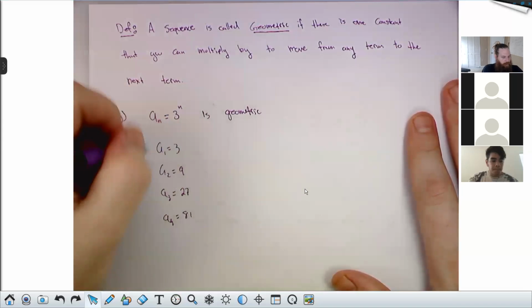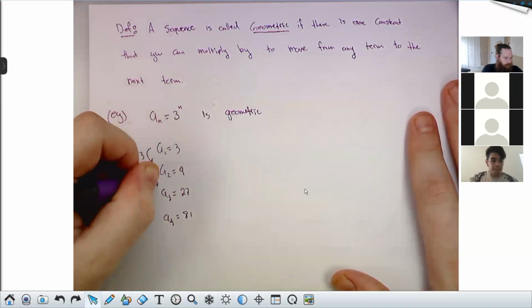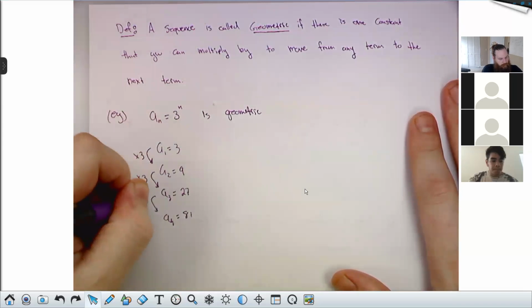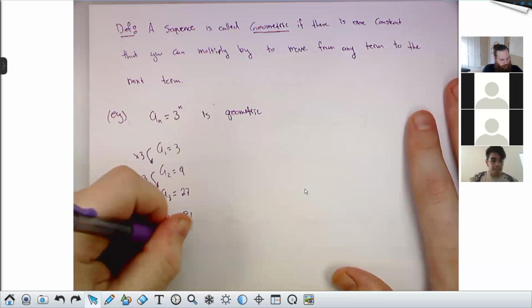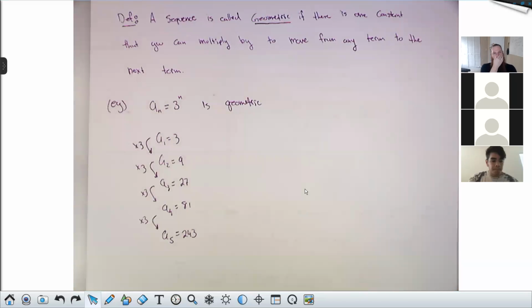And to go from any given term to the next term, we're multiplying by 3. So the next term would be 81 times 3, which would be 243. And you could continue on like that.